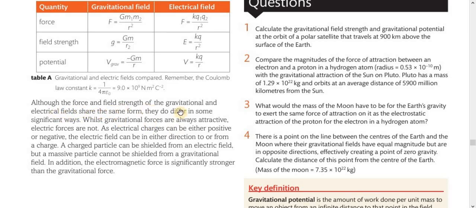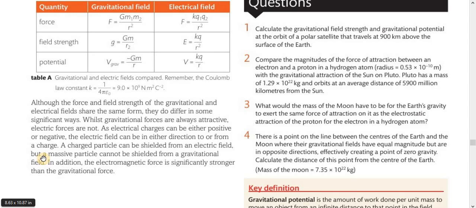Although the force and field strength of the gravitational and electric fields share the same form, they do differ in some significant ways. Whilst gravitational forces are always attractive, I already said this, electric forces are not, because you have both attraction and repulsion in the case of magnetic and electric fields. As electric charges can be either positive or negative, the electric field can be in either direction, to or from a charge. Always the gravitational field lines are pointing towards the object.